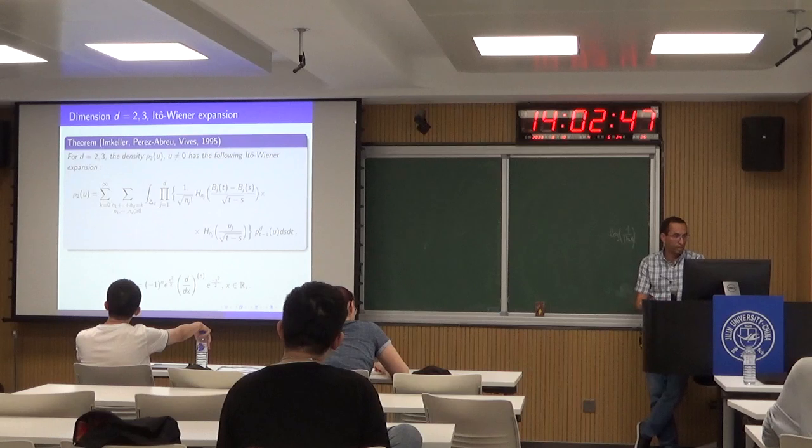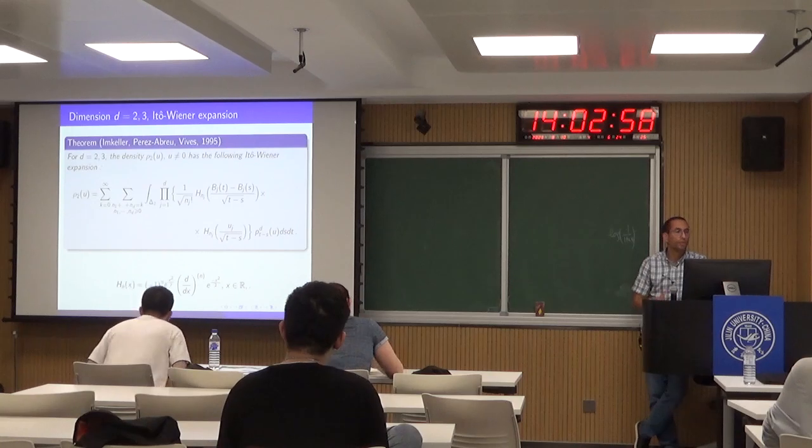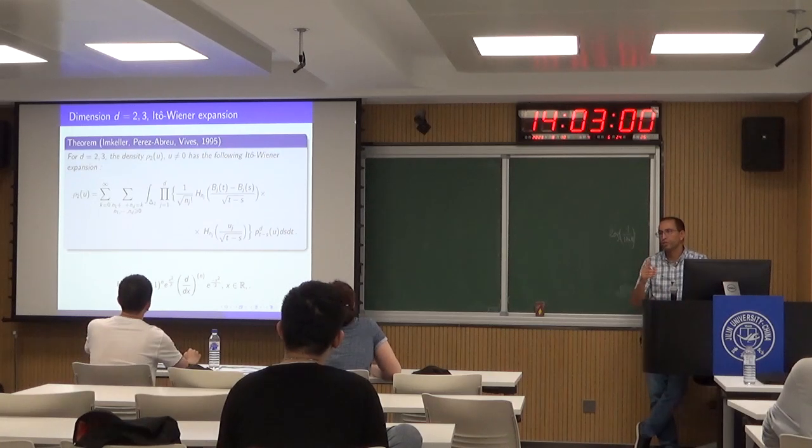Okay, we still have the self-intersection local time, and we still want to do some description of this self-intersection local time before moving to higher dimension, where we will see the appearance of generalized self-intersection local time.